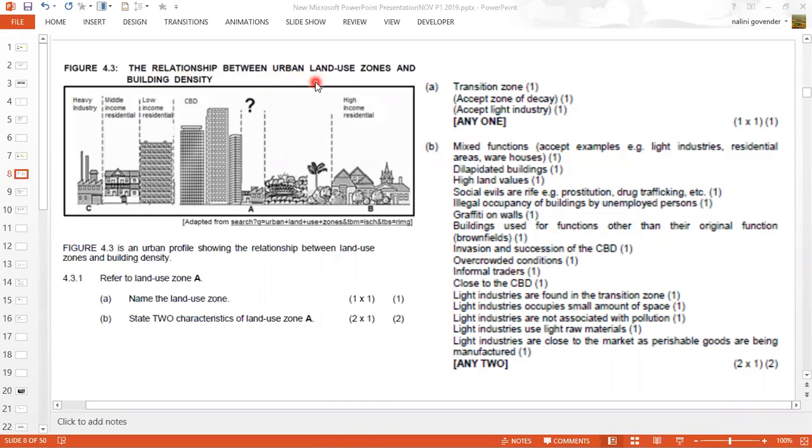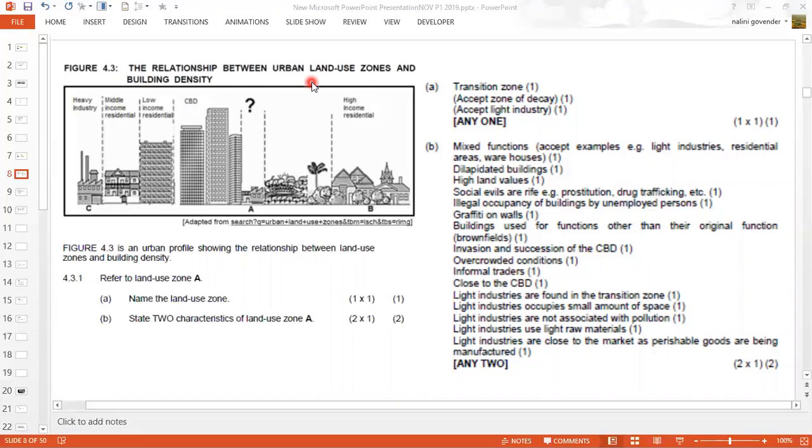Now, by now, you know that, firstly, we're speaking about an urban area and not a rural area. And we'll see why just now. Land use zones talks about where the land within the urban area is used for a specific purpose.